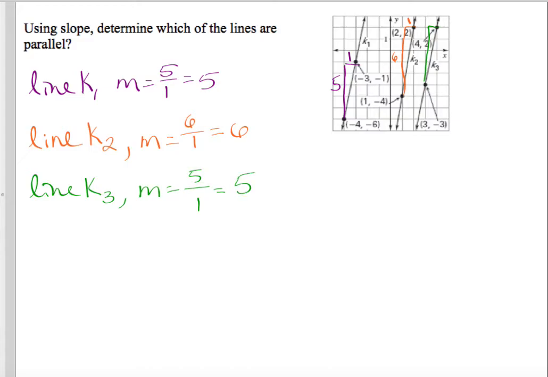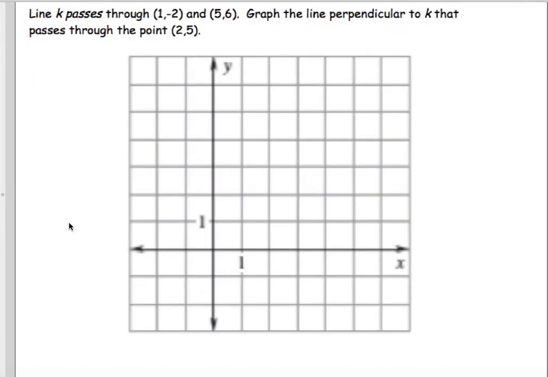So in this image, K1 is parallel to K3. So I'm going to write K1, parallel symbol, K3, to answer their question. It says line K passes through the points 1, -2, which is right here, and 5, 6.